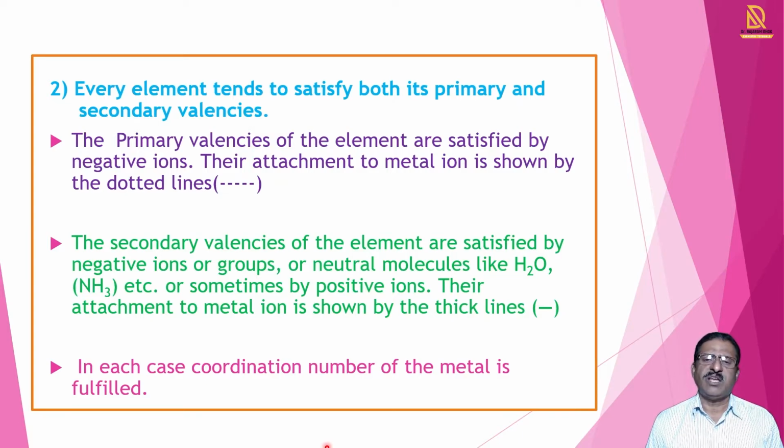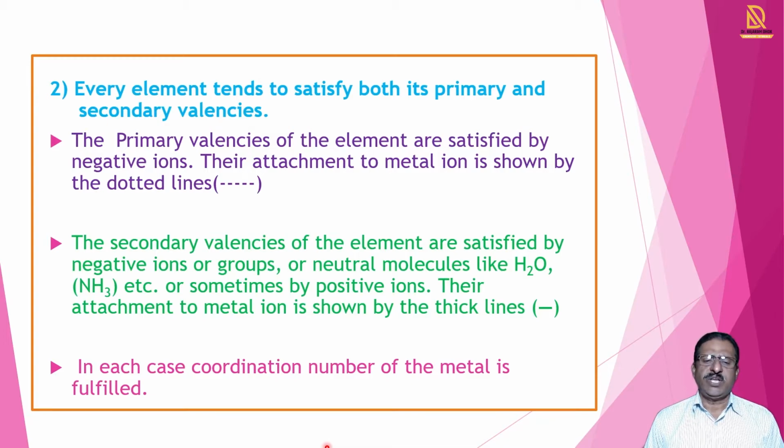When they are attached to the metal, how are they attached? The primary valencies of those elements are satisfied by negative ions. This means these ions are attached to the central metal atom, and generally they are negatively charged, and those negatively charged ions satisfy the positive charge of the metal.